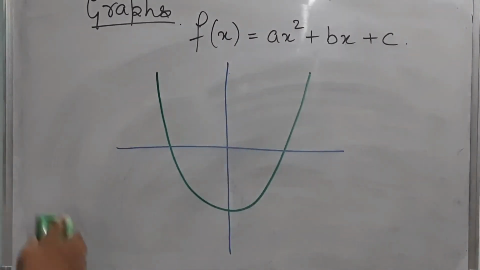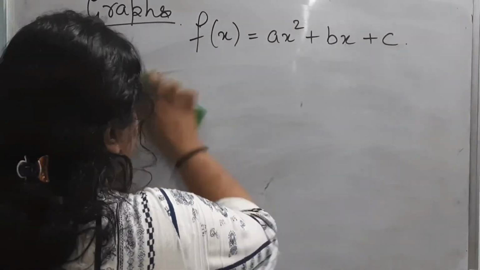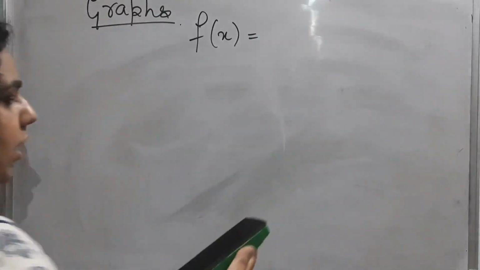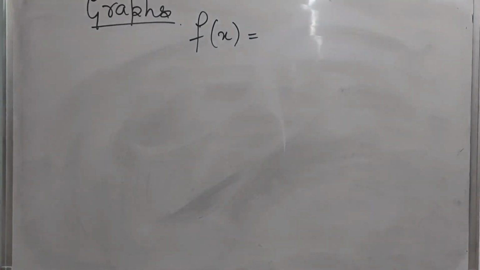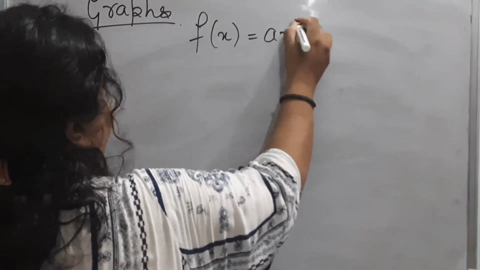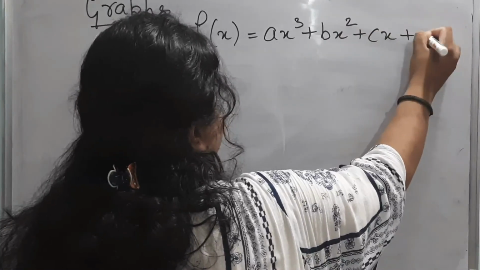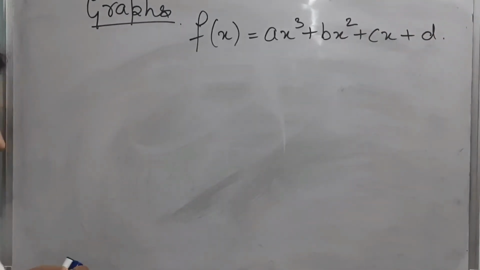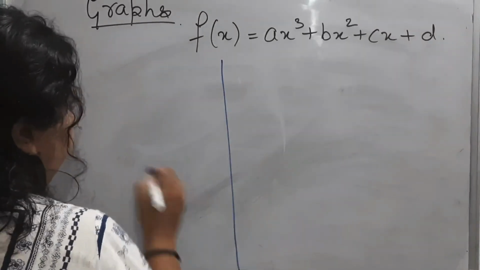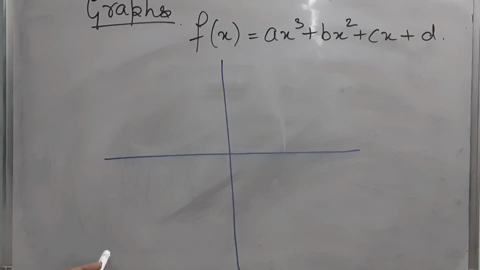Now, let's move on to the graph of a cubic polynomial. The equation will be ax cubed plus bx squared plus cx plus d. So this will be your equation. How will you get the graph of this? The graph will be like this.